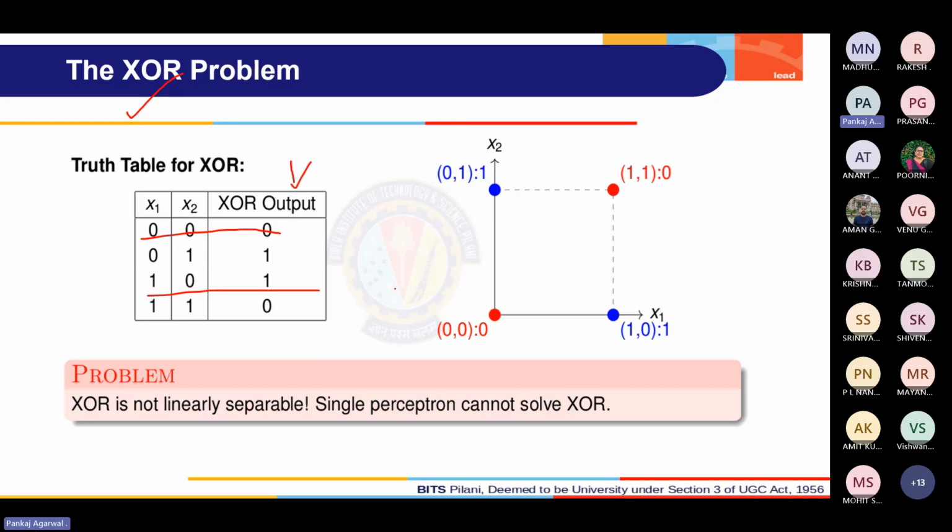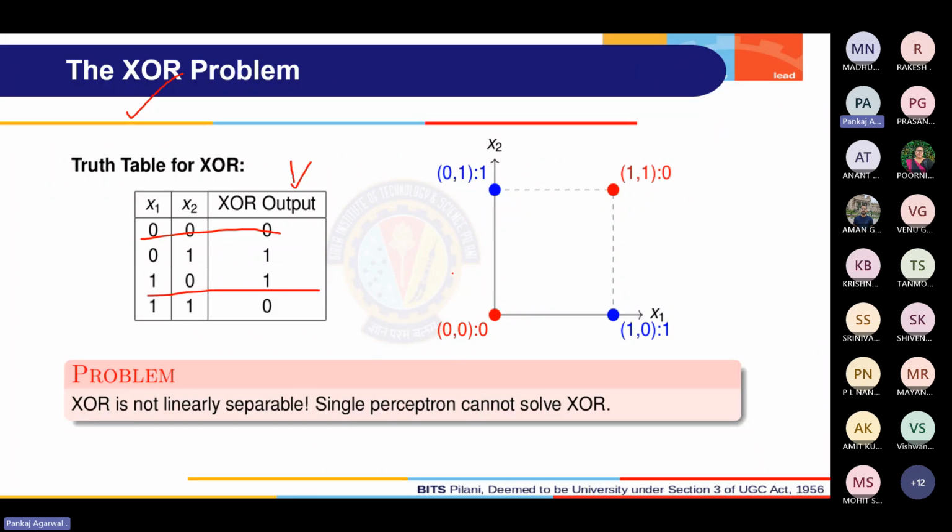So I cannot draw a single line for this particular example over here. Obviously these are two classes, red and blue, suppose. By drawing a single line, I cannot separate both of my classes, right? So either I need two linear lines in order to separate it. A single layer perceptron is able to separate classes by drawing a single line, that we understood.